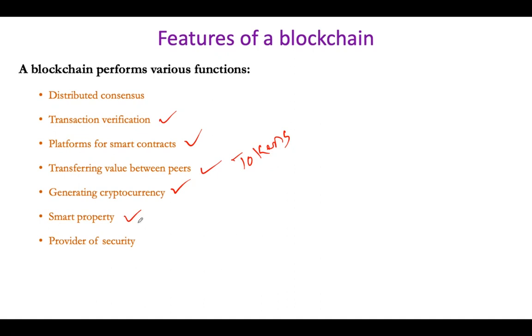Another important function performed by the blockchain is smart property. For the first time, it is possible to link a digital or physical asset to the blockchain in an irrevocable manner, such that it cannot be claimed by anyone else.